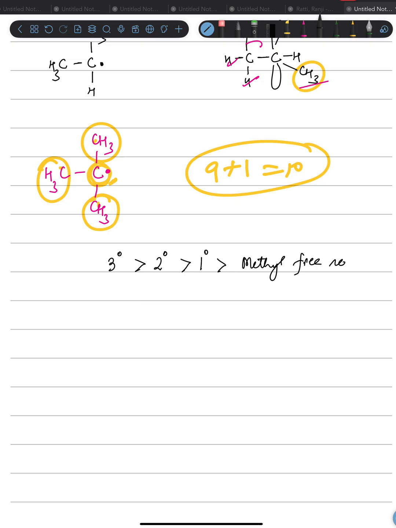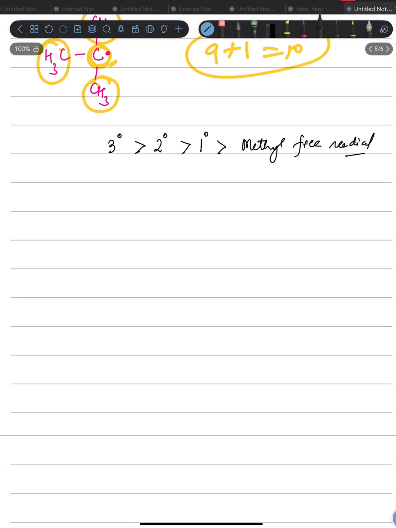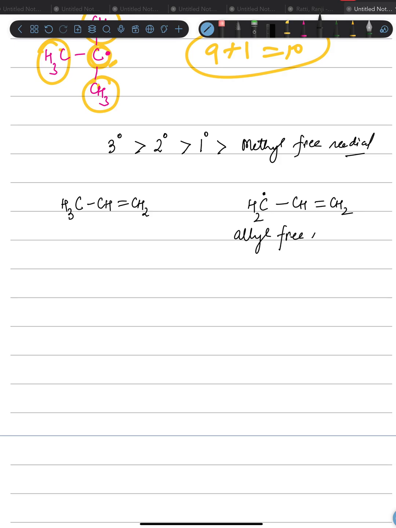Fine. Now, when we come to the free radicals with the double bonds, like this is the molecule, and if I draw the free radical, this is the allyl free radical. Why? Because the odd electron is present on the allylic carbon. Which carbon is the allylic carbon?